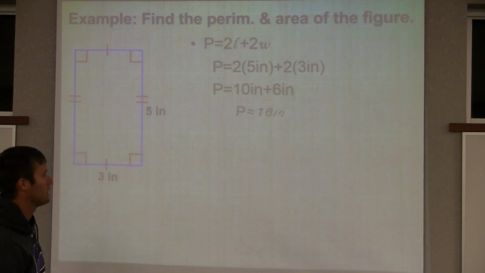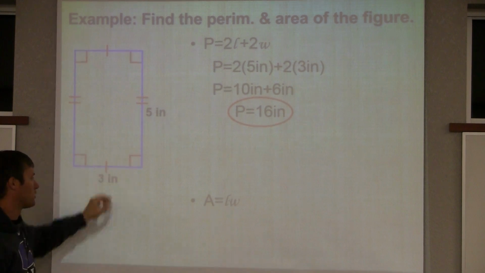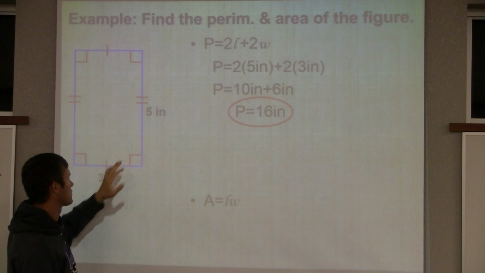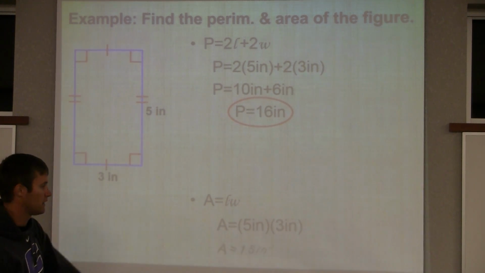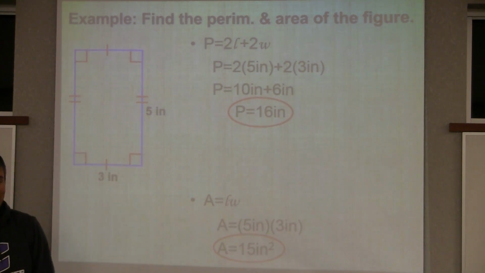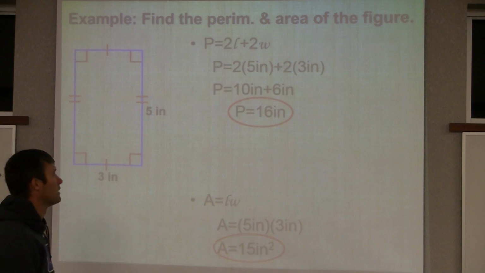So it would be 16 inches. If they give you a measurement, you need to write what it is. For area, it's length times width. So 3 times 5, which is 15. This needs to be in inches squared. If you don't put that, then you will lose credit.